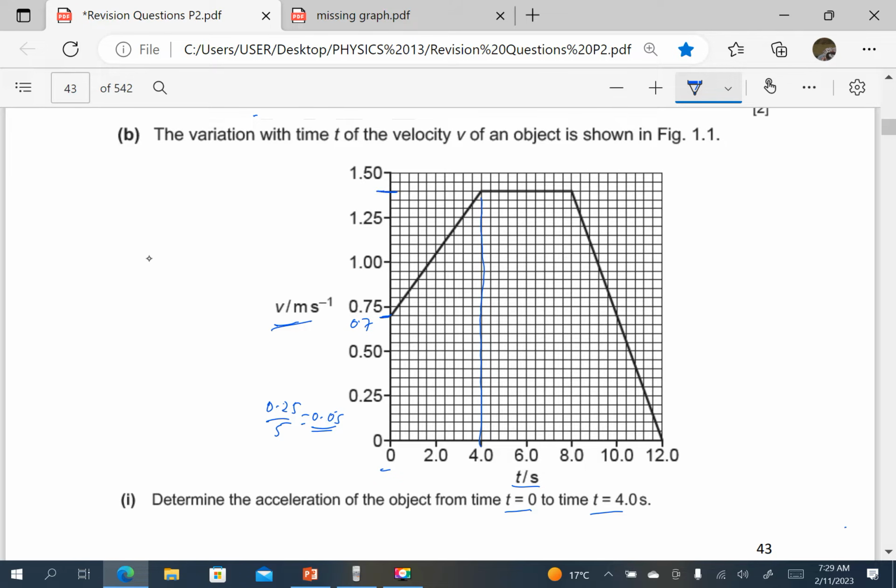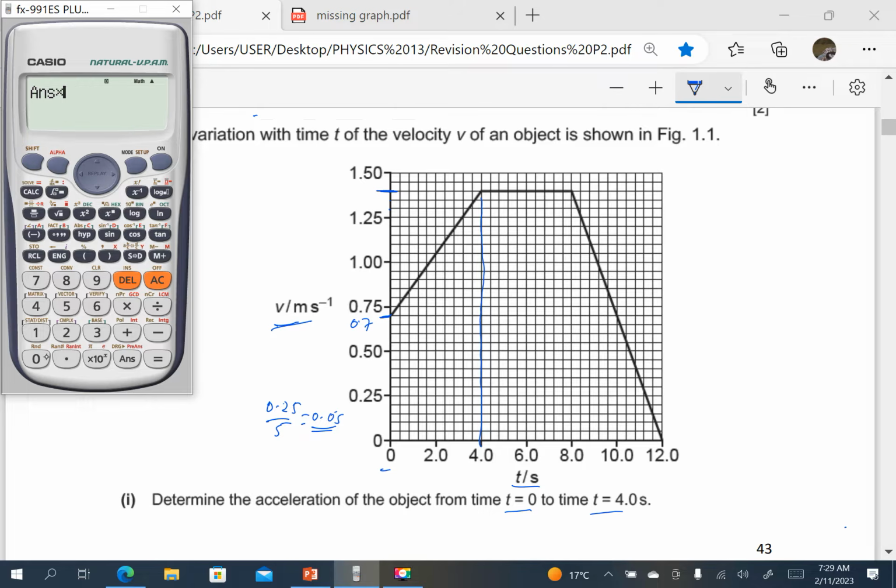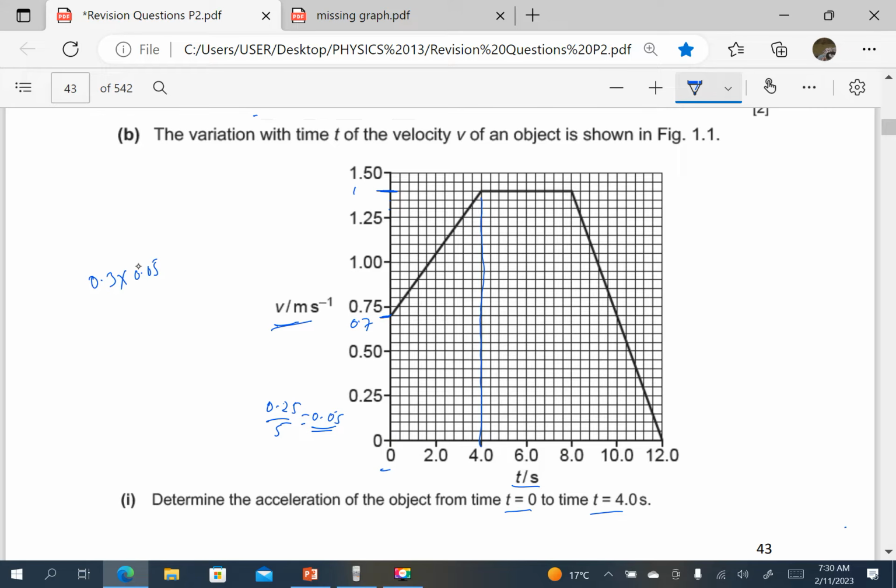And this point here is 1.25 plus 3 small squares, 0.3 times 0.05, which gives 1.4. So this value here is 1.4.